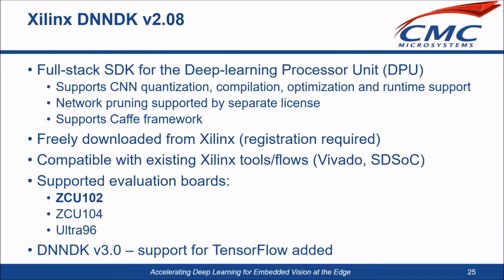DNNDK originally supported only the Caffe framework, but the latest release now supports TensorFlow, which is a common framework for CNNs. DNNDK supports a number of Xilinx development boards through board support packages, including the ZCU102, but the ZCU104 and Ultra96 boards are also supported.